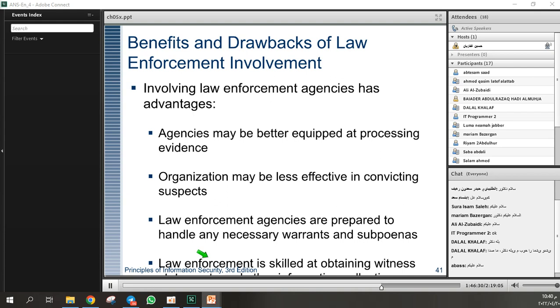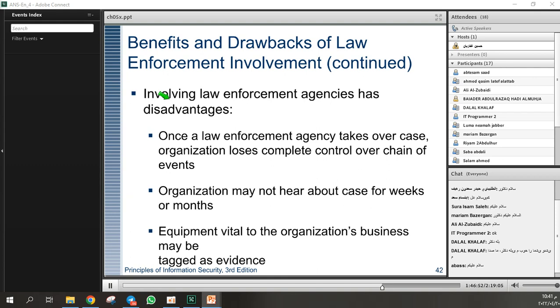Law enforcement has some advantages. For example, the agency may be better equipped at processing evidence. The organization may be less effective in convicting suspects. Law enforcement agencies are prepared to handle any necessary warrants, and they are skilled at obtaining witnesses.